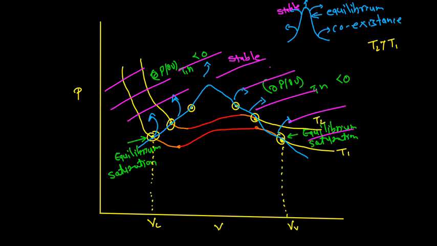But then what I can do is take the locus of these points where the slope has just become 0. This is the locus of the points where ∂P/∂V at constant T, n has become 0, and this is called the limit of stability.